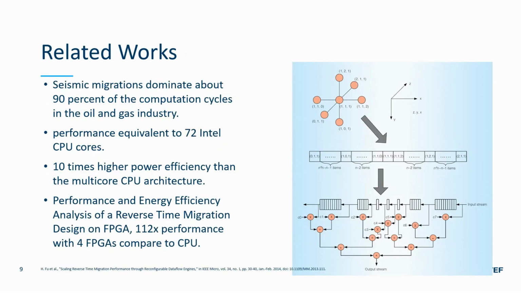Related works on seismic imaging acceleration. There are many works that have been done before on FPGAs, but most of them, as we found, were based on custom hardware, like this one that I brought here from the Maxeler company, which got very good performance, 112x with 4 FPGAs.